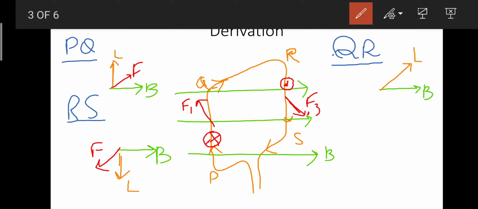I have drawn Ly and Lx, and you can see that this vector is making an angle theta. Lx is in the direction of B, and Ly is into the page. So Ly makes an angle of 90 degrees with B. The Ly component is the component which is going to produce force here, right?